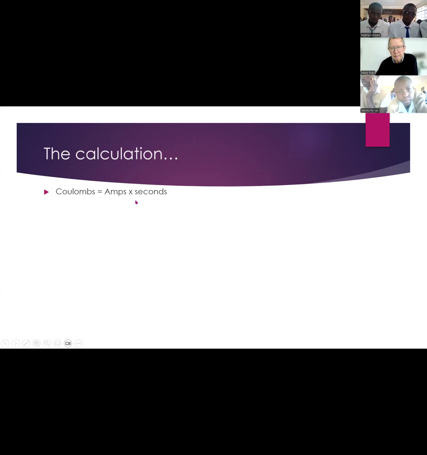We have 20 amps times 20 minutes times 60 seconds, because we want to make sure we've got it in seconds, because it's amps times seconds, not times minutes. Very, very important that.